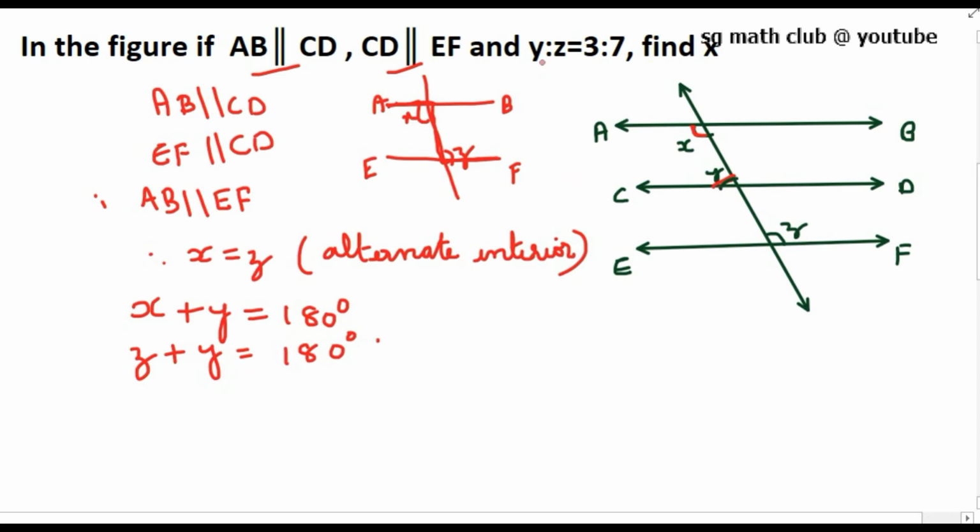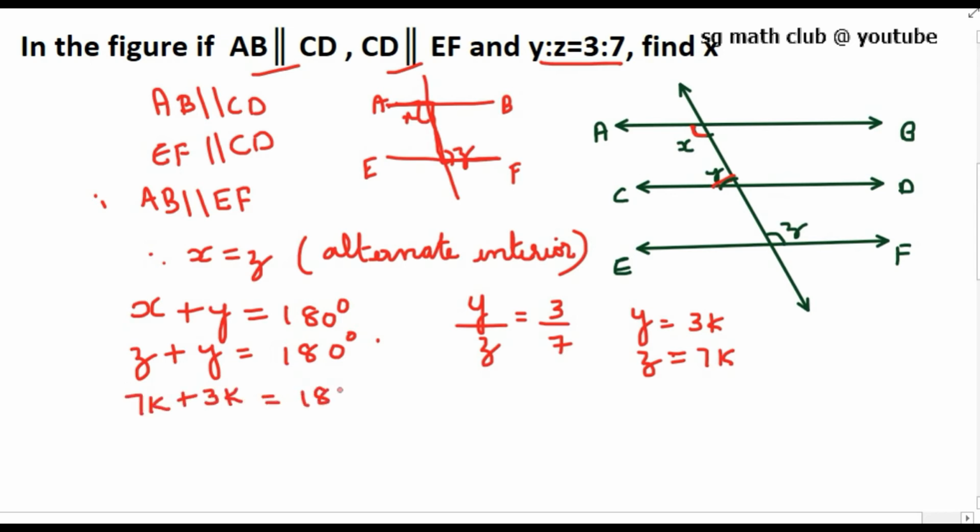Now we have to use this ratio also. y to z means y by z equal to 3 by 7, or we can say that y equal to 3k and z equal to 7k. Now we will substitute: 7k plus 3k equal to 180 degree, 10k equal to 180 degree, k equal to 180 divided by 10, which is equal to 18.